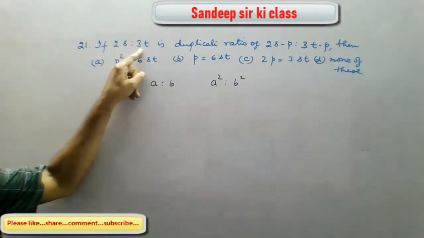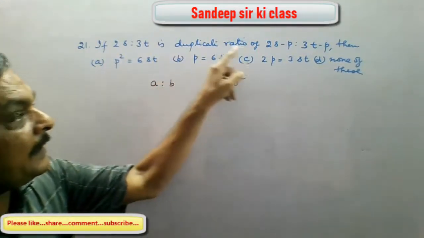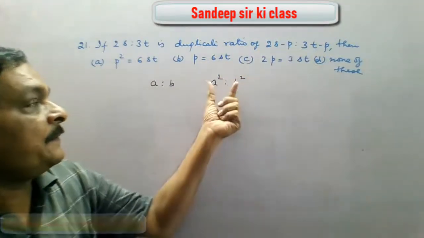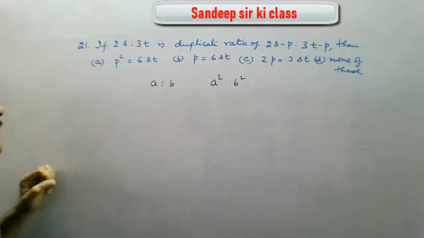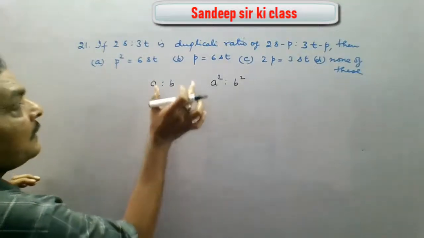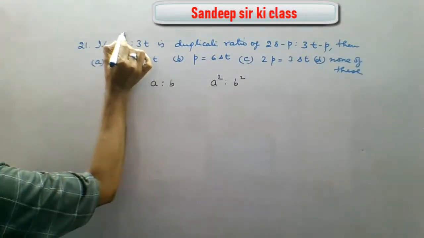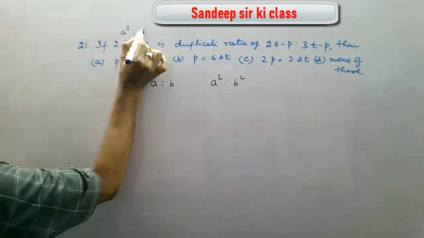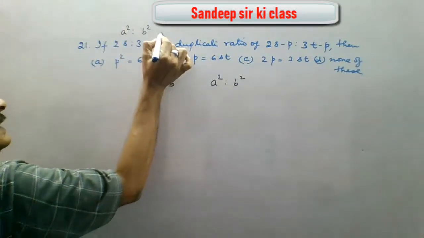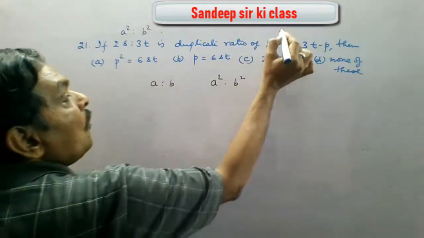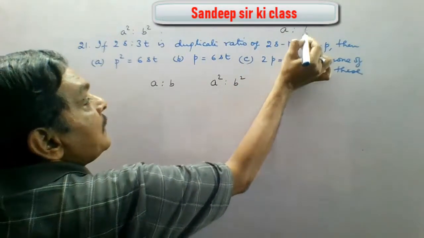2s is to 3t is the duplicate ratio of this. So if I write it here in this form, I will be writing that a square is to b square is the duplicate ratio of a is to b.